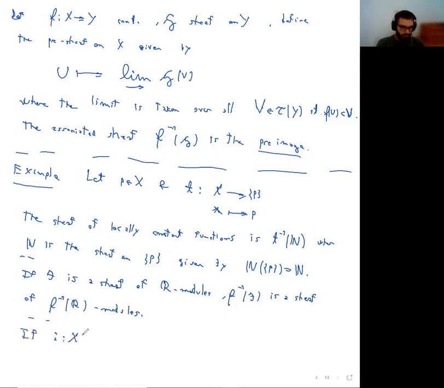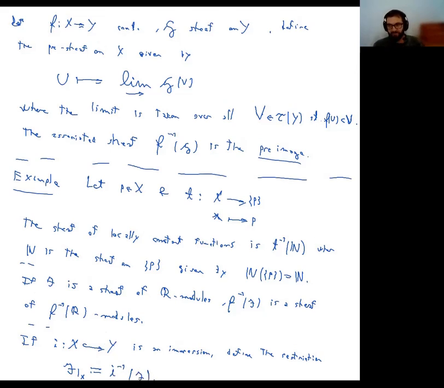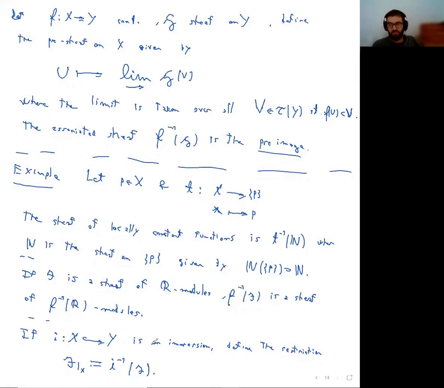And now the one that perhaps is the most useful to us: if you have an immersion, we define the restriction of F to X as the inverse image sheaf associated to F. This is perhaps the most interesting to us because we knew how to restrict sheaves to open subsets, as I was saying before.